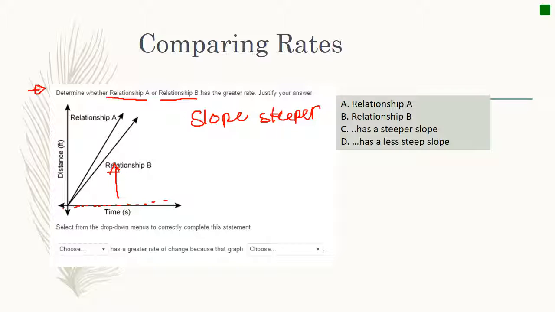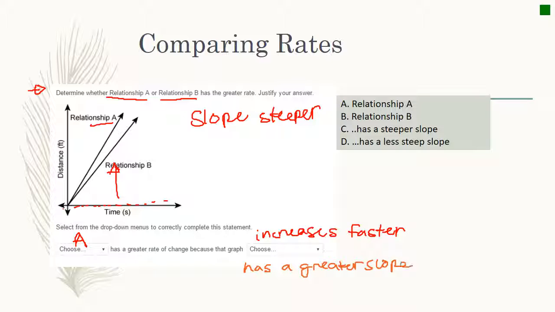I want to know which one is going up faster. Obviously, relationship A is going up faster. So A has a greater rate of change because that graph increases faster. You could also write because that graph has a greater slope.